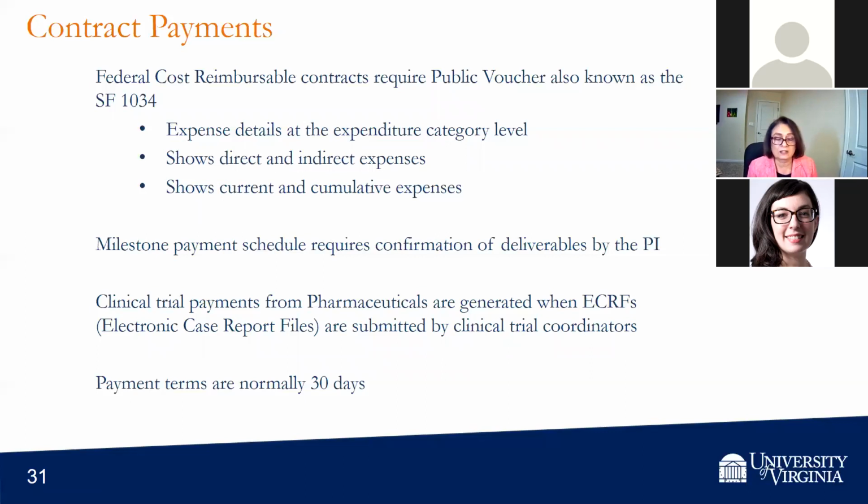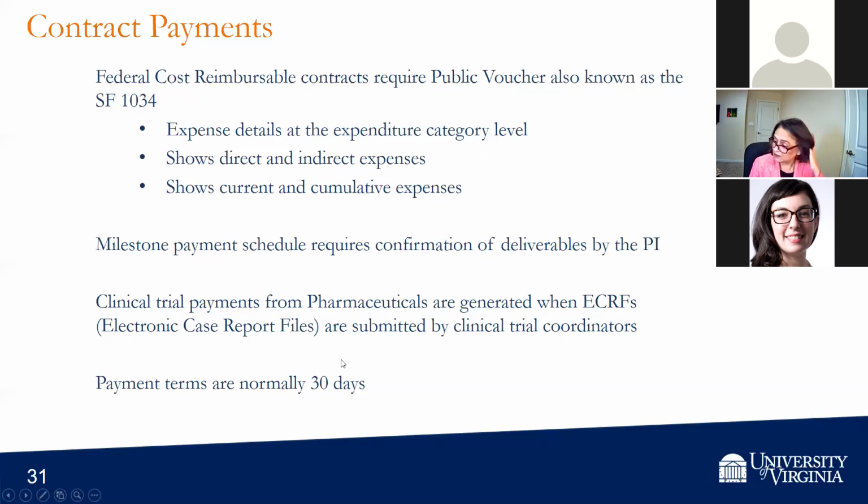So all those spell out all the different categories. It's not like just a single line asking for reimbursement as the SF 270 on a grant or a cooperative agreement. Now, we do also have milestone payment schedules where we have to track it between the central area, PostAward, and the PI departments area. We have to coordinate and make sure that the milestone deliverable was achieved, and then we send the invoice.